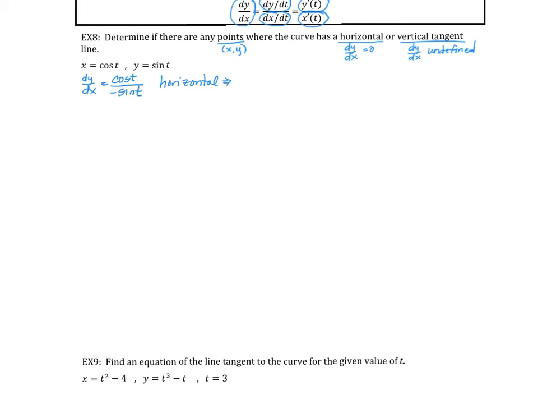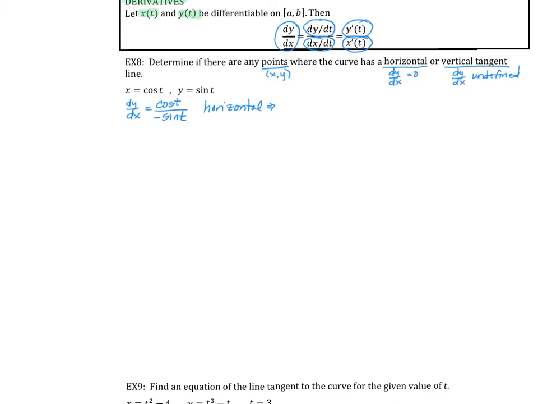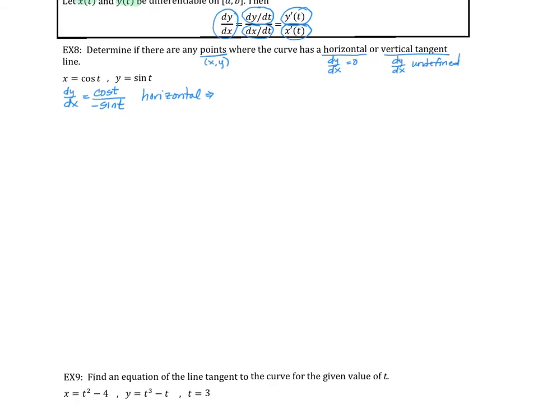It's a fraction. The only time a fraction is equal to 0 is when the numerator is 0, but the denominator is not 0. So really we're looking at where cosine is equal to 0. And cosine is equal to 0 at t equal to pi over 2 and 3 pi over 2.